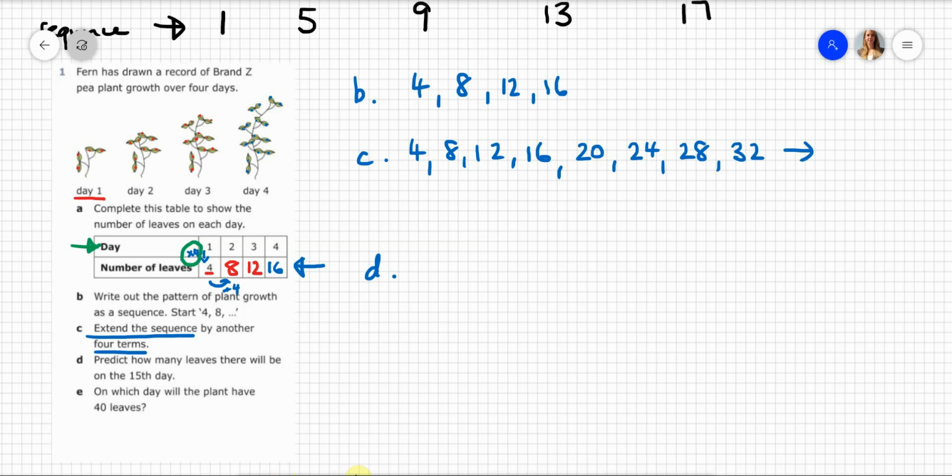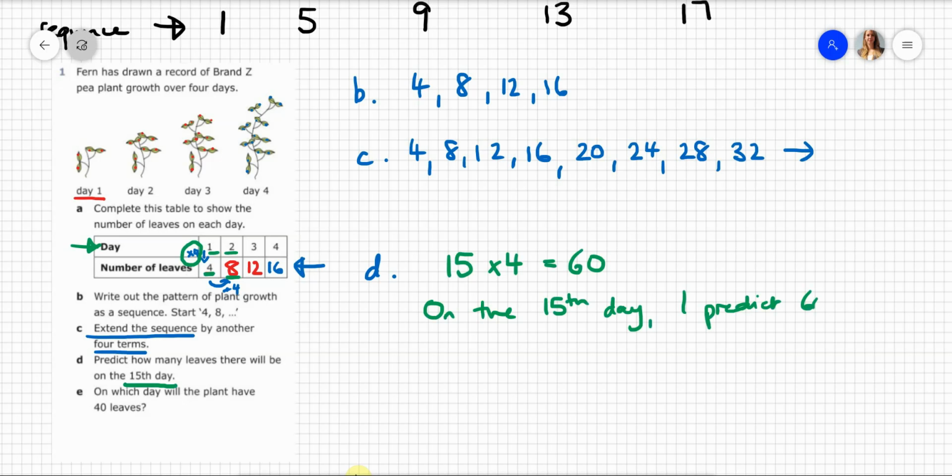So on the first day, day 1, we multiplied by 4. On the second day, day 2, we multiplied by 4, etc. So if it's the 15th day, we want to do 15 multiplied by 4, which is 60. So on the 15th day, I predict 60 leaves.